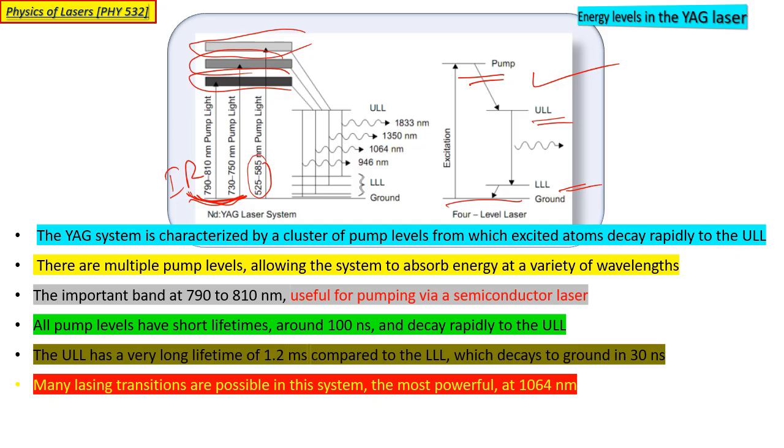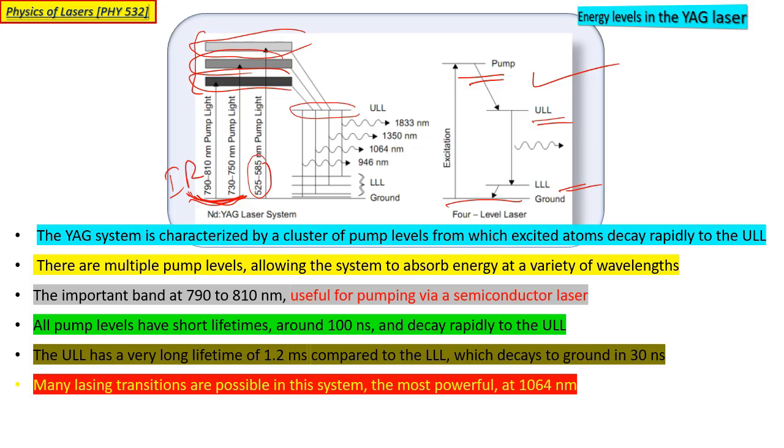So here it has a ULL, and you can also say there are many pump levels. It's a cluster of pump levels here, and from here the atoms decay rapidly to the ULL, where they stay to achieve the population inversion, and then they move toward the LL, the lower lasing level.